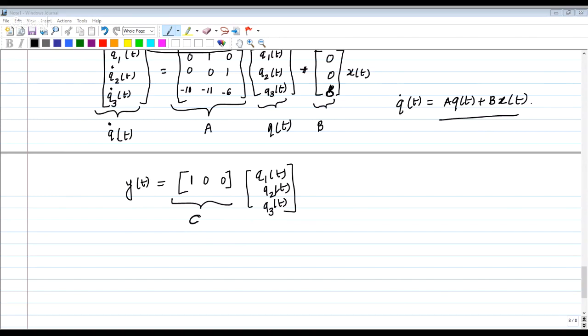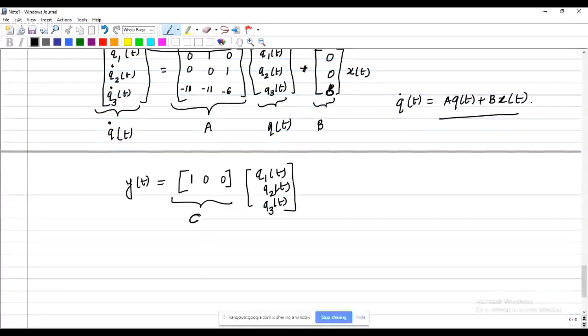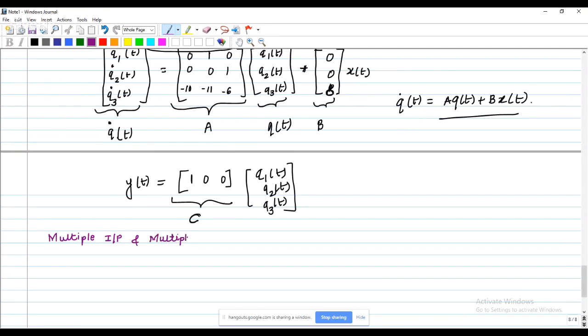So, there we will not derive the equations, but let us write the generalized equation directly, on the same lines, but for multiple inputs and multiple outputs.